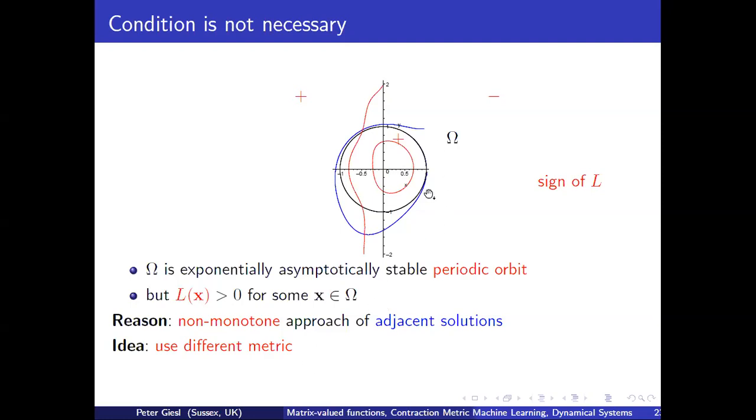So if you have non-monotone approach of adjacent solutions, then this criterion won't hold, but it's still an exponentially stable orbit. So the idea is, we've just used the Euclidean metric, and that's probably not appropriate to have contraction everywhere. The question is, can we find a metric that's contracting everywhere just by finding the right metric?